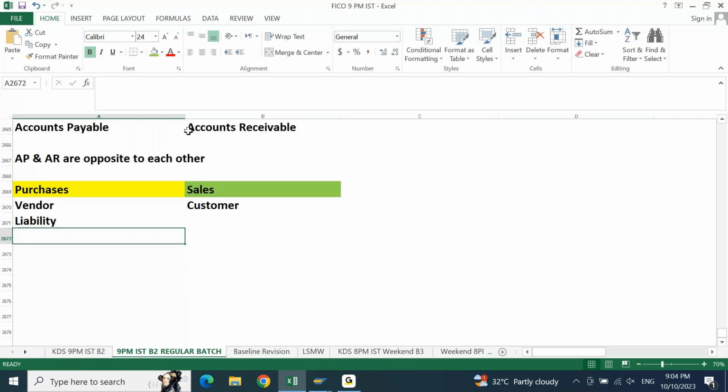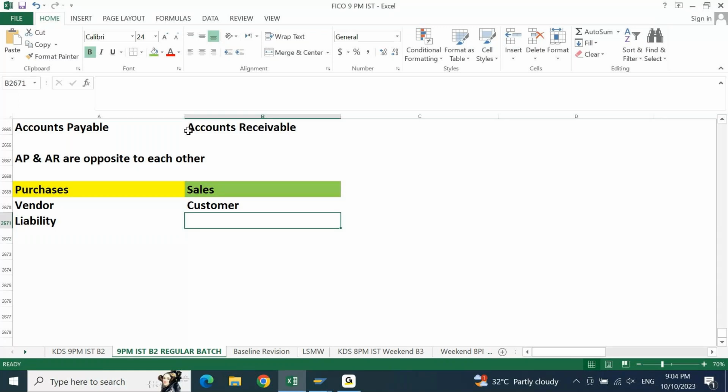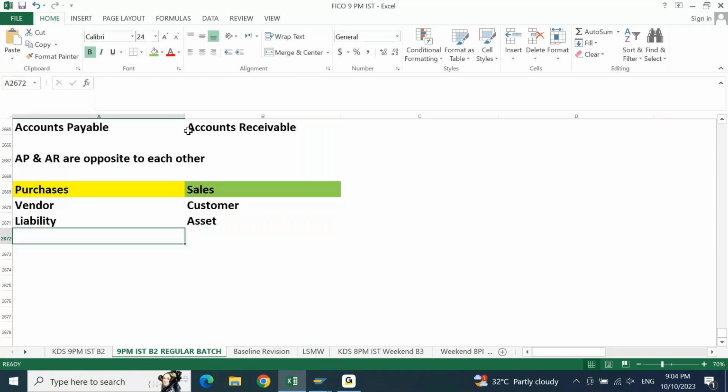Whenever I'm talking about my vendor, the vendor is always a liability. Whenever I'm talking about a customer, the customer is always an asset.